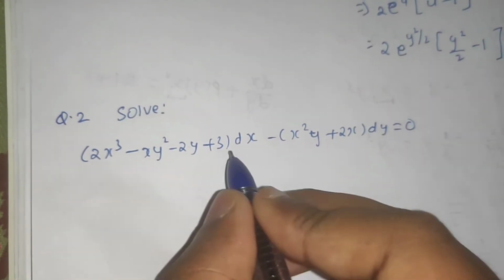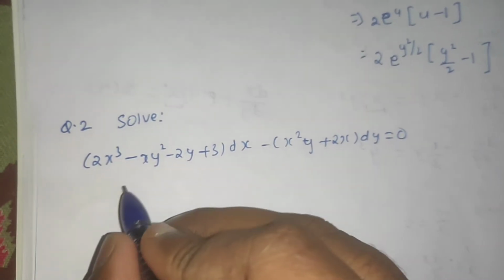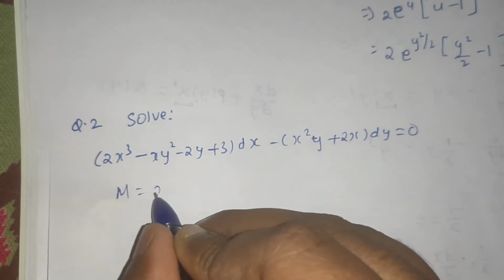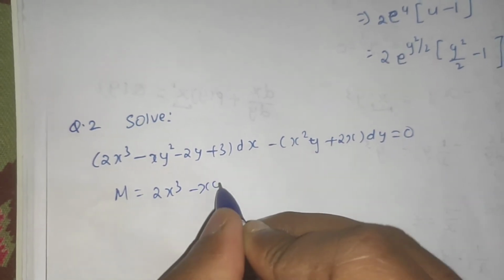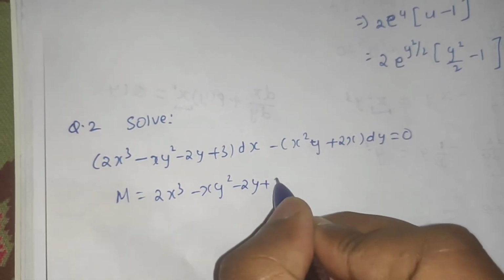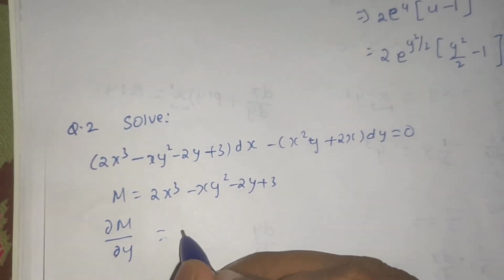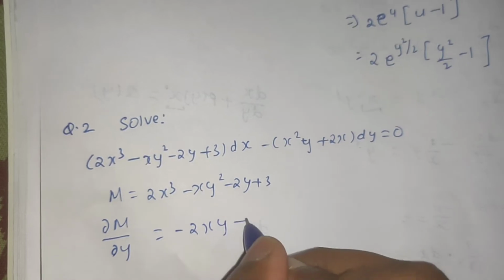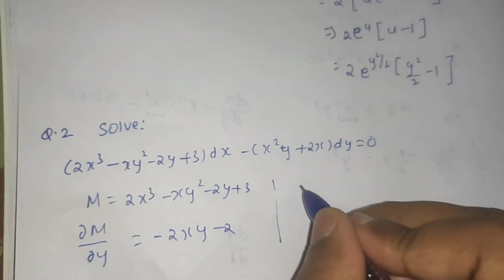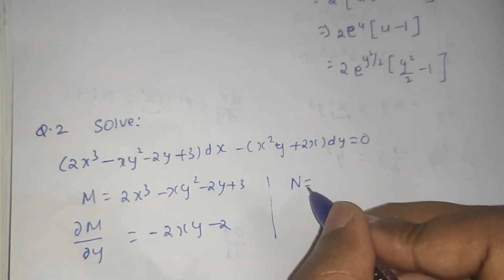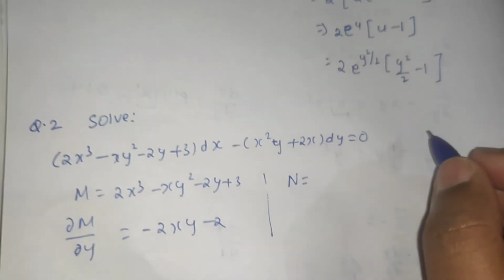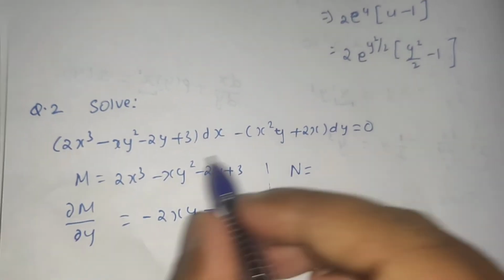Now clearly M dx plus N dy. So M will clearly be 2x cube minus xy square minus 2y plus 3. We do del M by del y. So you will get minus 2xy minus 2 from here. What is your N? We have done a 2 hour 40 minutes lecture on this thing, so that will help you.